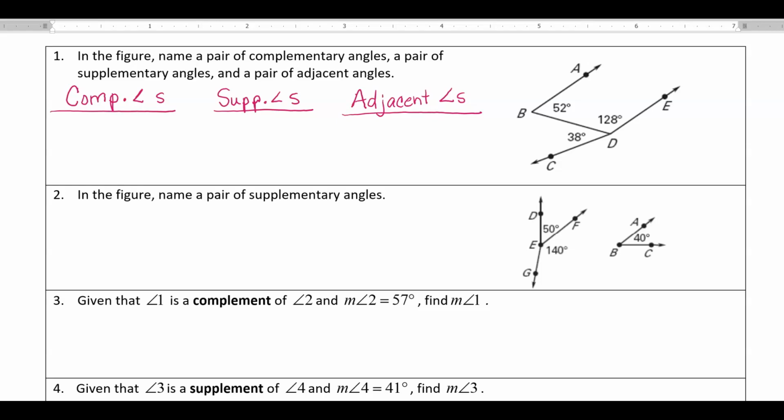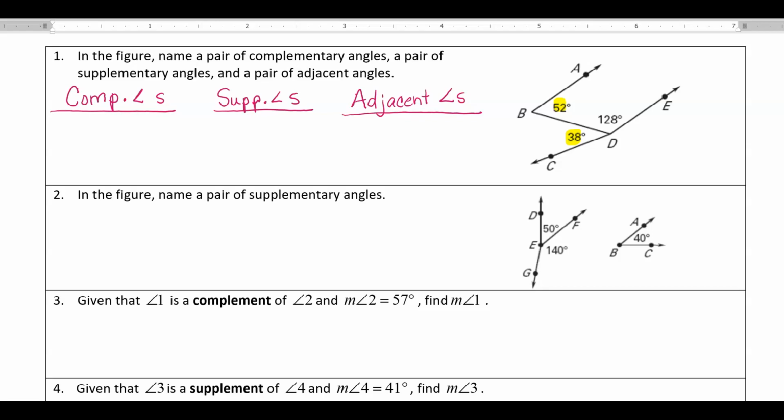Now remember what complementary angles are. They add up to 90. So what we would need to do is we know that they're going to be small. So I'm going to take the 52, which is right here, and the 38, and I'm going to test to see if they equal 90. Remember, they do not have to touch. Well, 52 plus 38 is 90. Therefore, that is my angles.